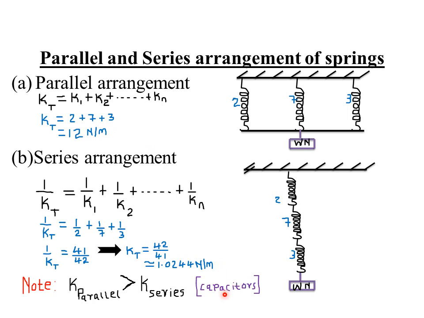Also, the same way that capacitors behave in series is the same way that springs will behave in series. In electrostatics 2, we'll see that to find the total capacitance of capacitors arranged in parallel, we simply take the summation of the individual capacitors. But if you want them in series, then we'll be taking the reciprocal of the individual capacitors.